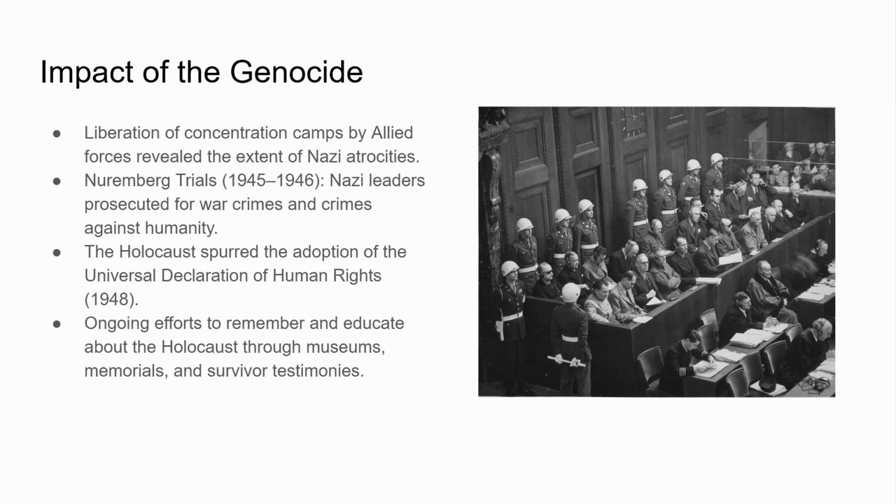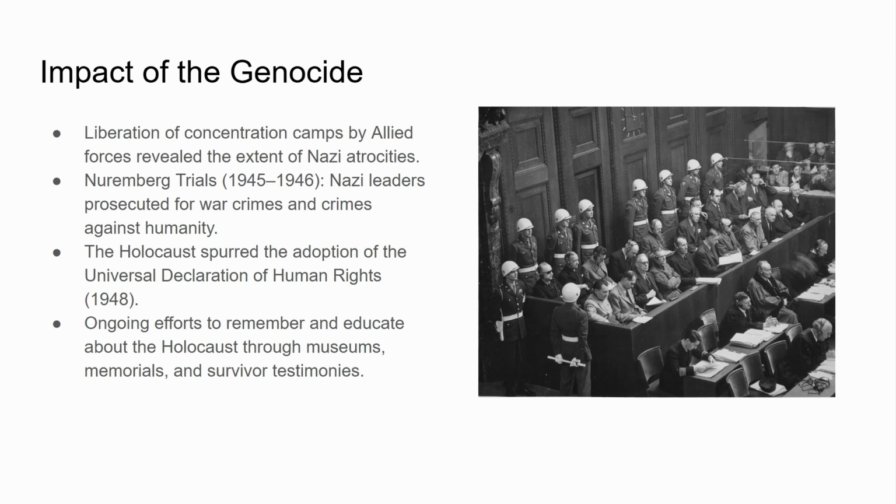The impact of this genocide, known as the Holocaust, was the eventual liberation of concentration camps by the Allied forces, which revealed the extent of Nazi atrocities. So once all the camps were liberated by usually American or British troops, they would take pictures, documentation, writings, and interviews from those in the extermination camps, which showed the entire world how bad the atrocities really were in these camps.